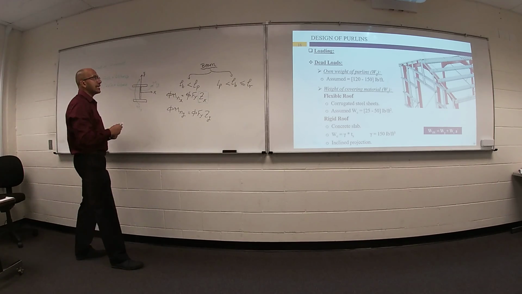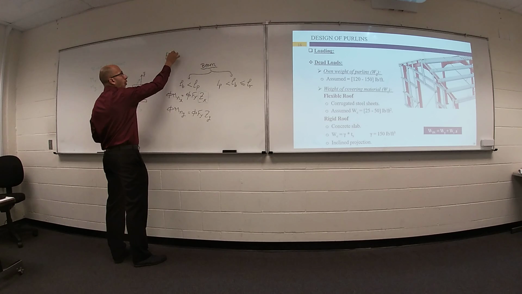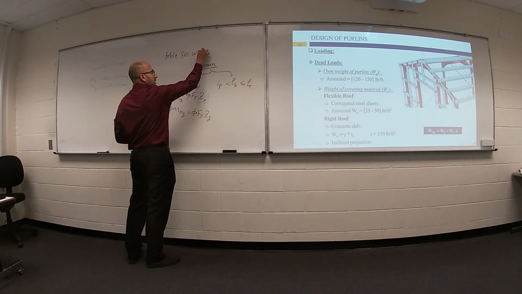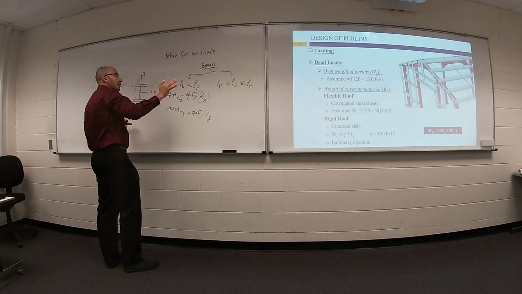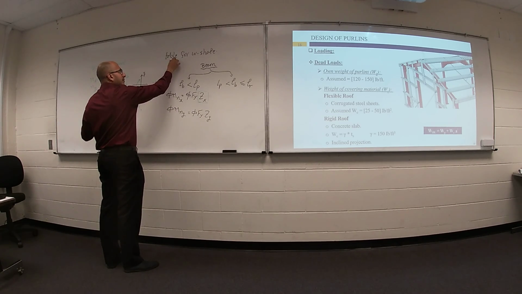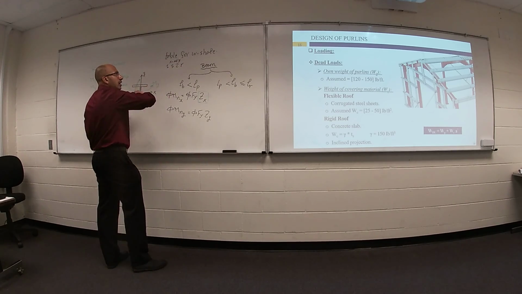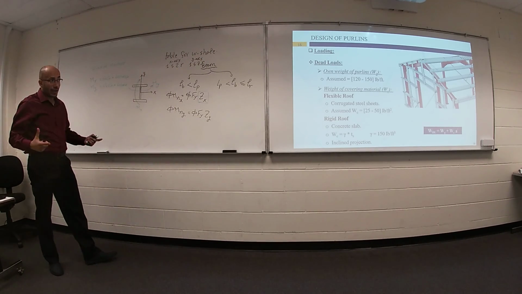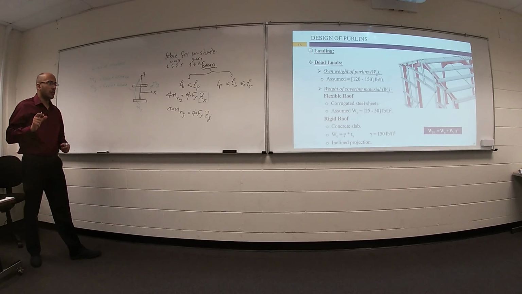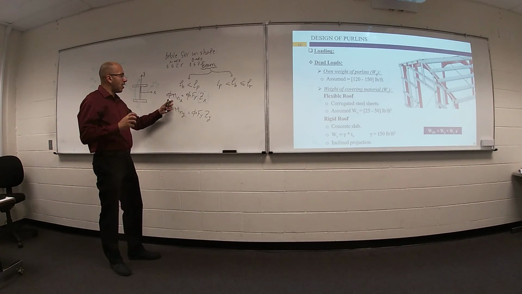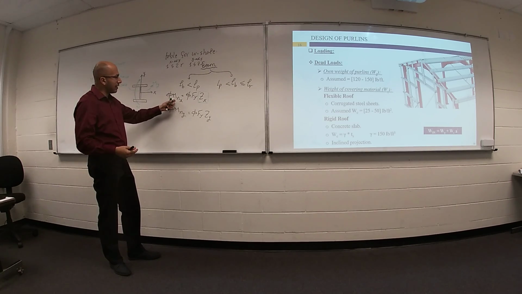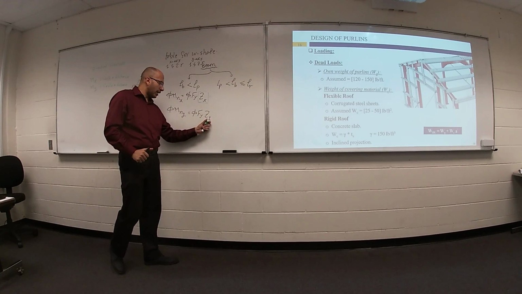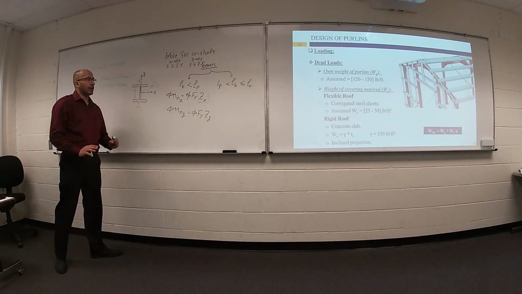If you go back to your table for W shape or any shape, you can find properties about x-axis, like I, like S, like Z, like R. You can find section properties about y-axis, like I, like S, like Z, like R. So everything in your table. If you use ZX, your design moment will be about X. If you use ZY, your design moment about Y.